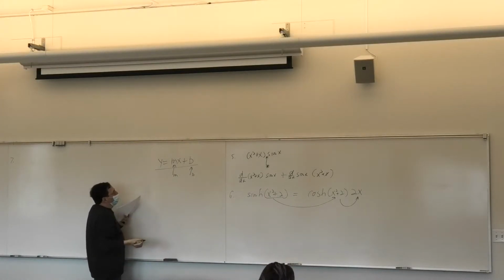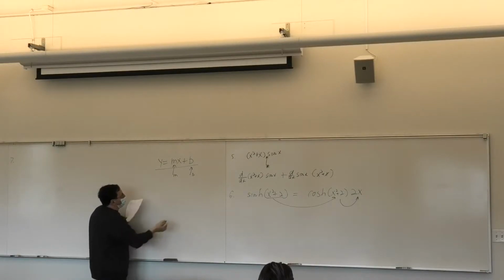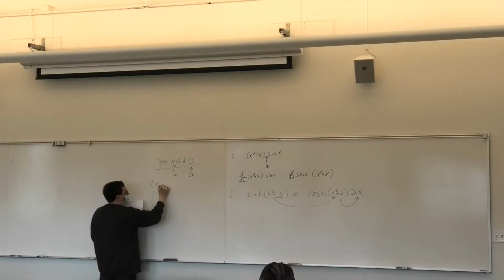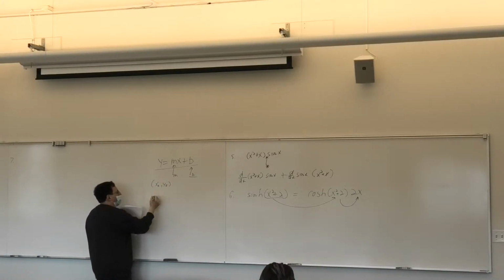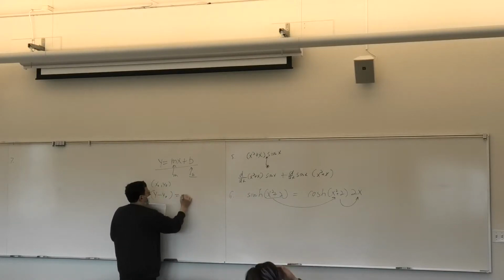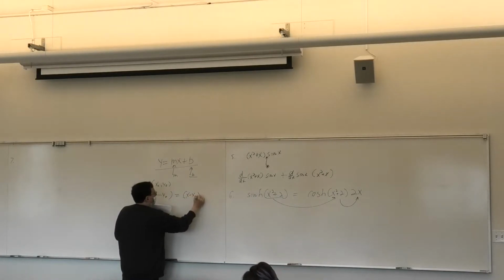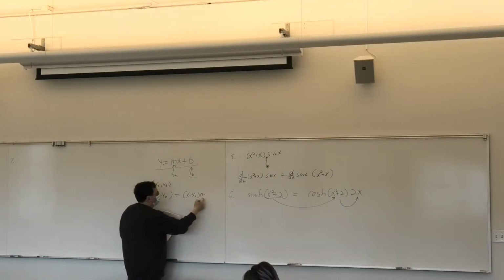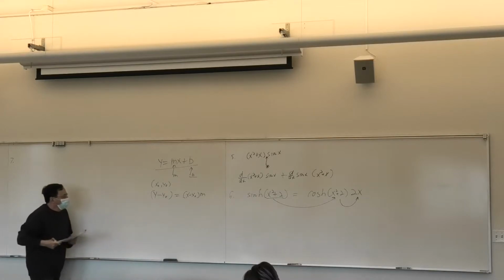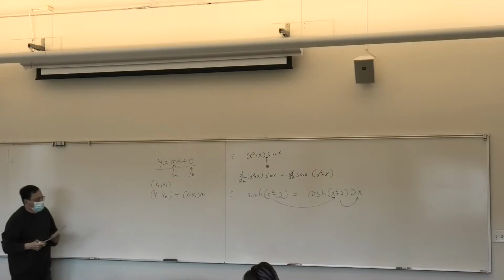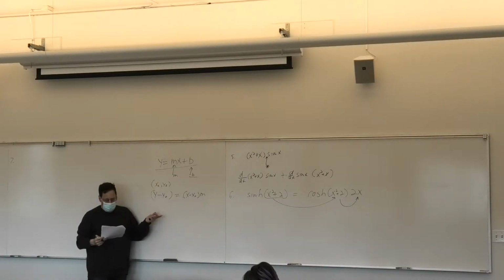But if you don't have b, maybe you have some point on the line, x0, y0, and then you have another nice formula: y minus y0 equals m times x minus x0, where again m is the slope. You should know these from algebra. It's, again, the equation of a line.